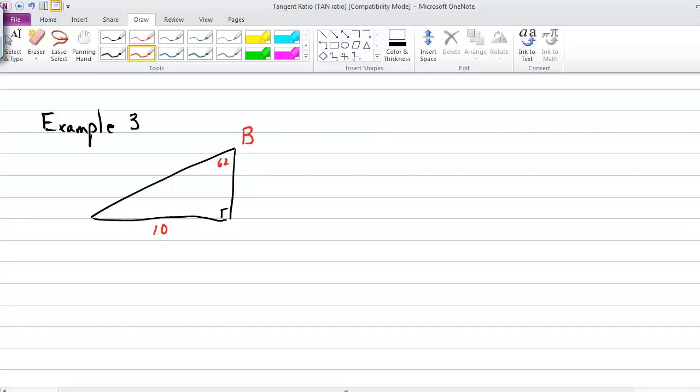I know the side opposite angle B is 10, and I want to know the side adjacent to angle B. So again, what I would like to see is what I know. I know the measure of angle B, I know the side opposite angle B, and I want to know the side adjacent to angle B. And what I see right there is opposite and adjacent, so that points me to the tangent ratio.